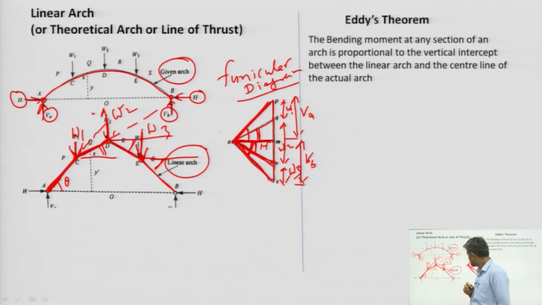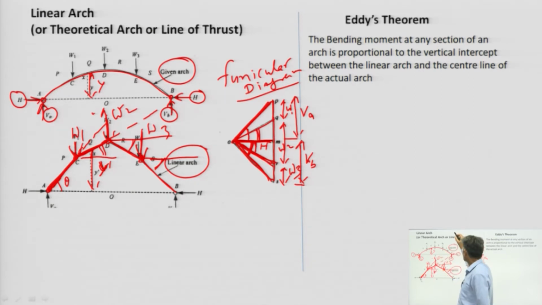This is the linear arch, and the ordinate y in the given arch, and say the ordinate y dash in the linear arch. If there is a difference, then and only then will moment in the arch be possible. Suppose it is y, and in the linear arch it is y dash.